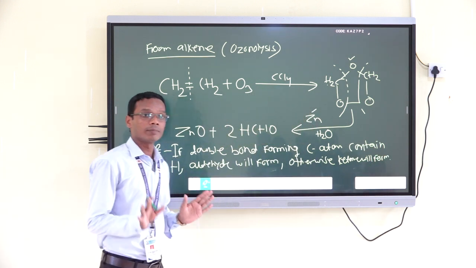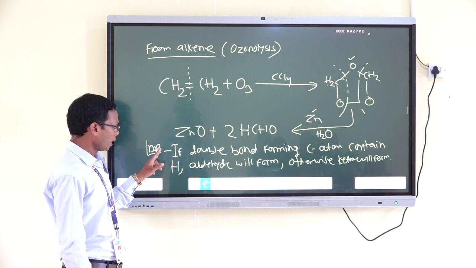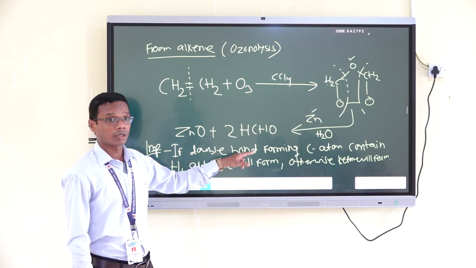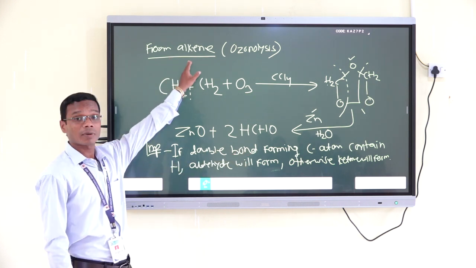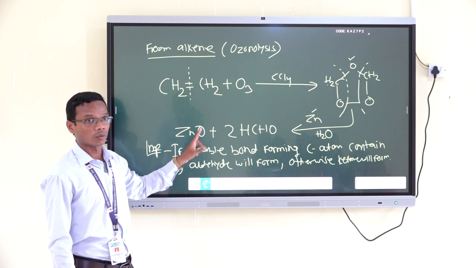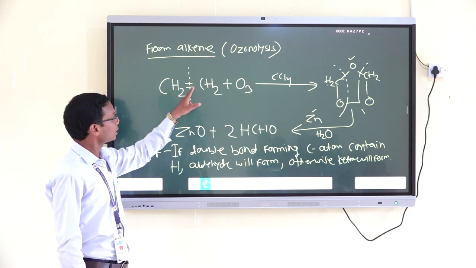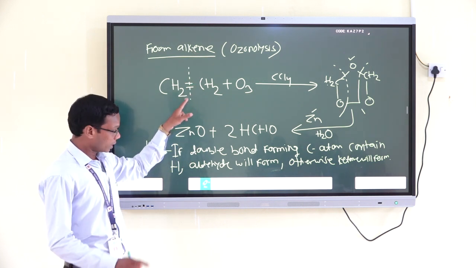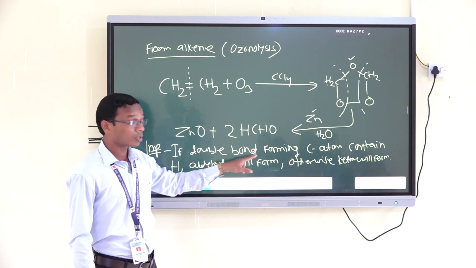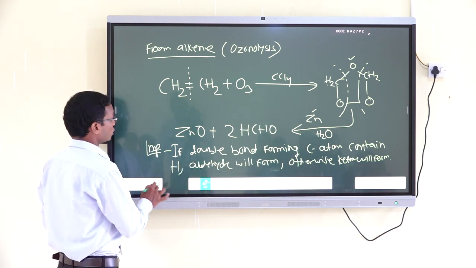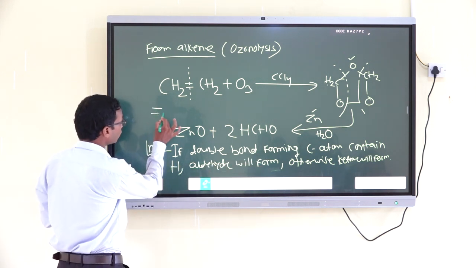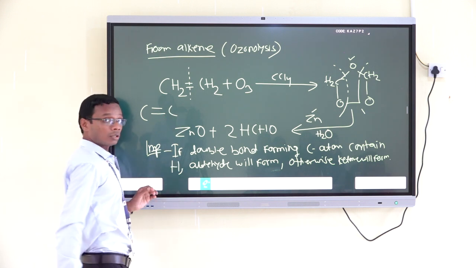Listen, this is an important reaction. Our topic is preparation of aldehyde and ketone from alkene. Alkene means there is a double bond. Listen carefully. If you consider an alkene, obviously there is a double bond between two carbons. Yes or no?